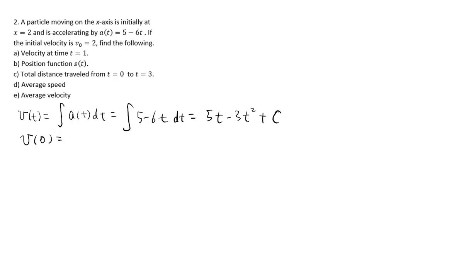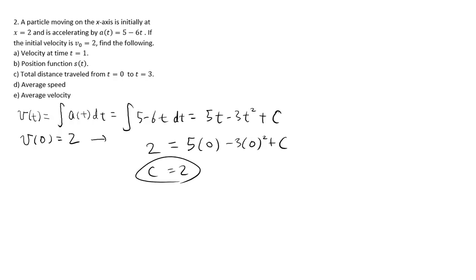but that would determine the c. So v of 0 is 2. That's what it says here, which means that when you plug in 0, you get 5 times 0 minus 3 times 0 squared plus c. That's equal to 2, and therefore c is 2. So what does that mean?